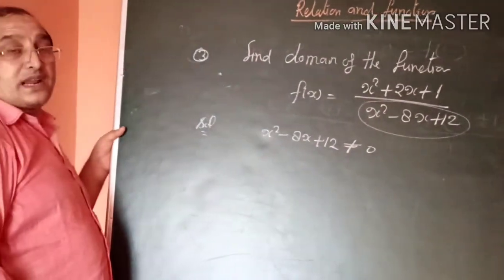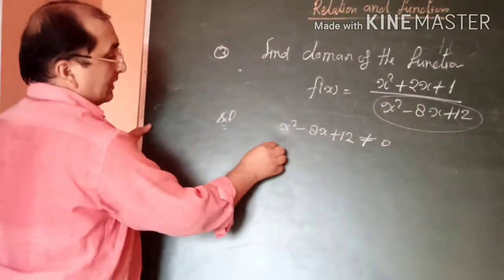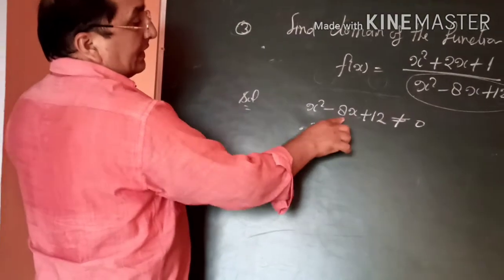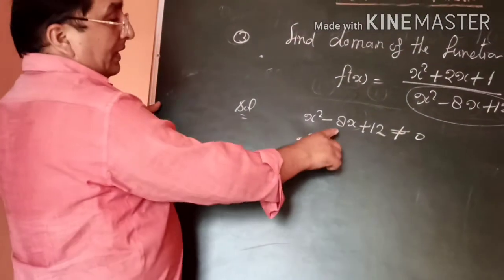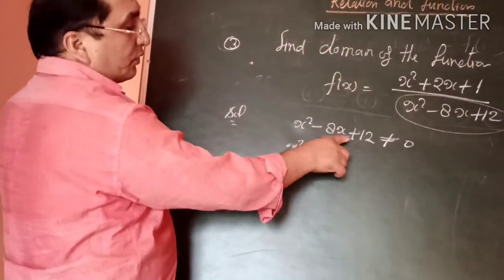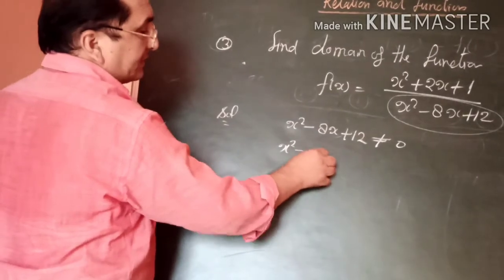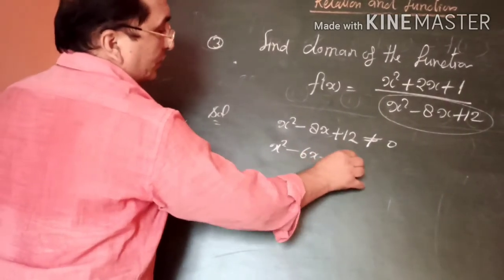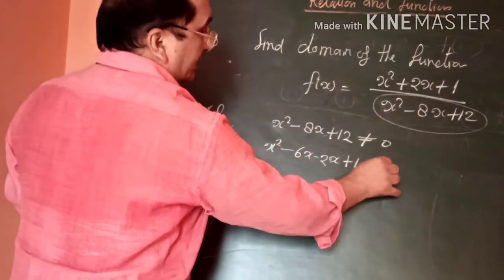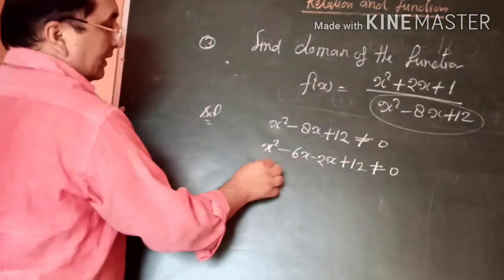Then we can factorize by middle term splitting. Factors of 8 whose product is 12. This is x square minus 6x minus 2x plus 12 is not equal to 0.